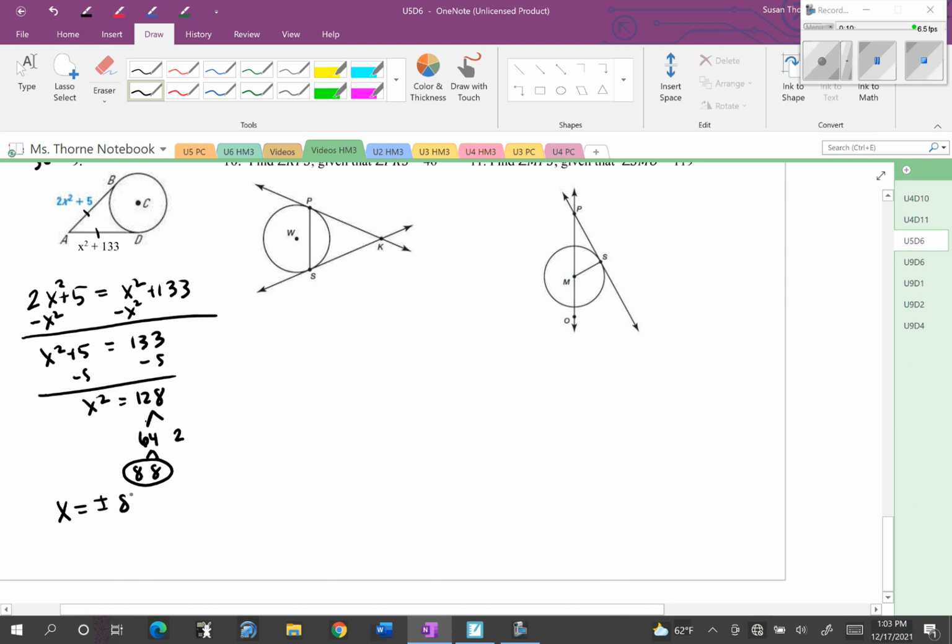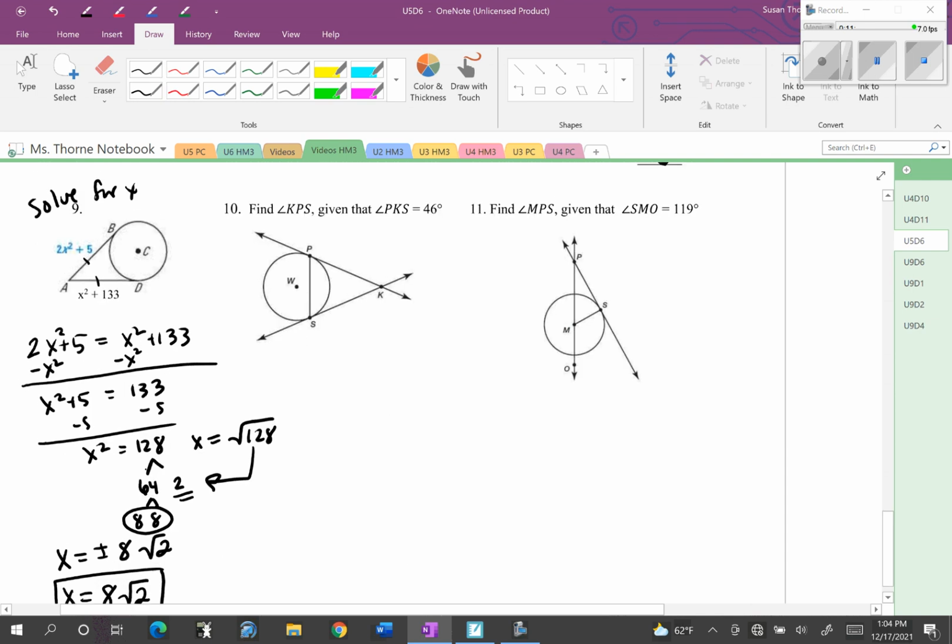So plus or minus 8, because when you take the square root, you do plus or minus your answers. We have x equals, I should have done the square root of 128, which is what we were breaking down. So that's the work over there. Sorry about that. So plus or minus 8 root 2, because that didn't make a group. Of course we don't have a negative length, so x is equal to 8 root 2.